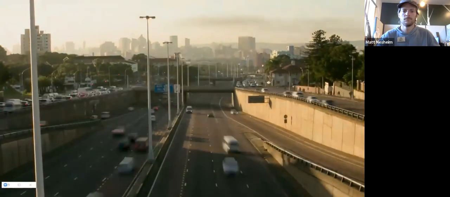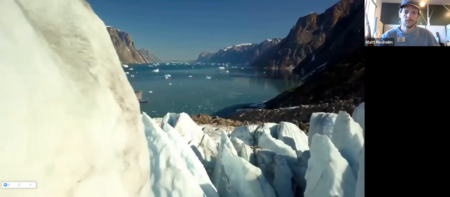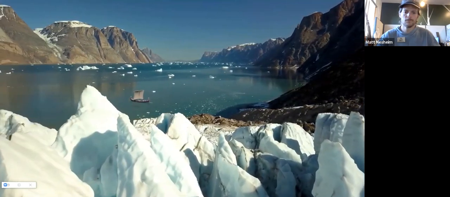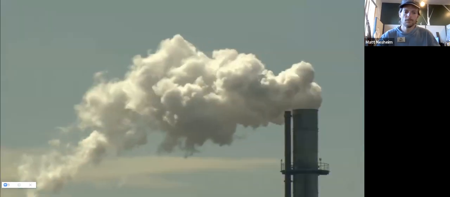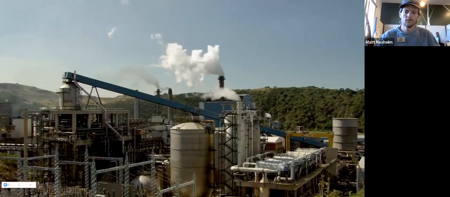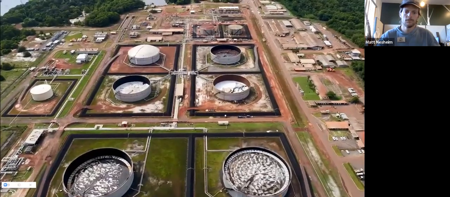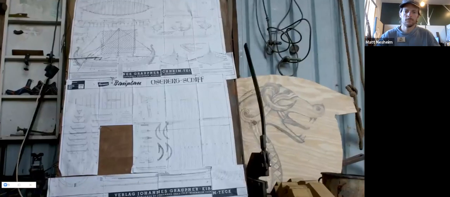We're at that point where the Vikings were 1,200 years ago. They were running out of resources and they had climate change. And from a sustainability point of view, right now, humanity's in that space. We're outgrowing our planet's ability to serve us.